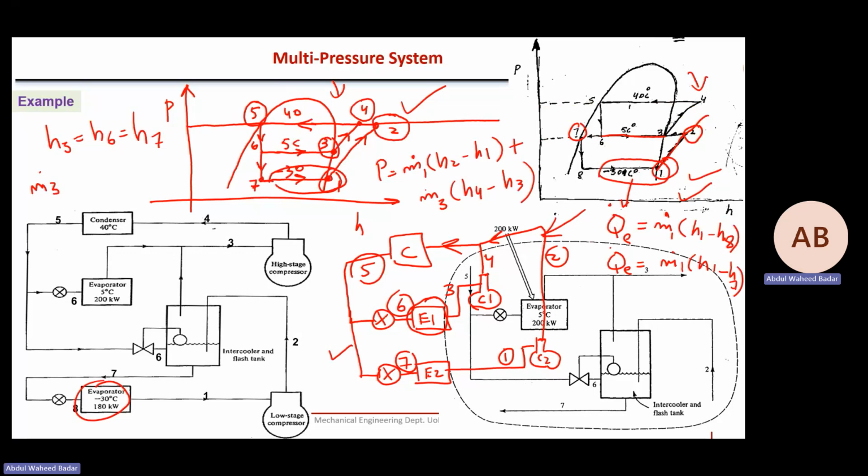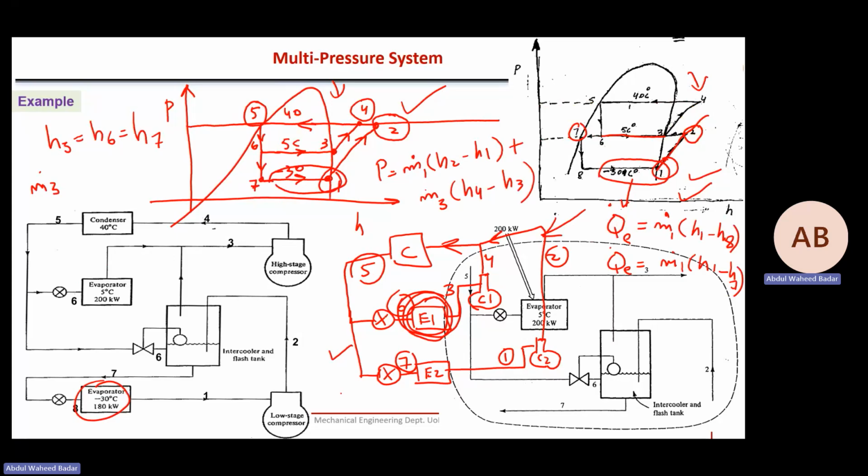Okay, what about m dot 3? In the previous case, it was a very complicated thing because fluids were coming from here. But now it's, I think, simple. Fluid is coming only from this evaporator.